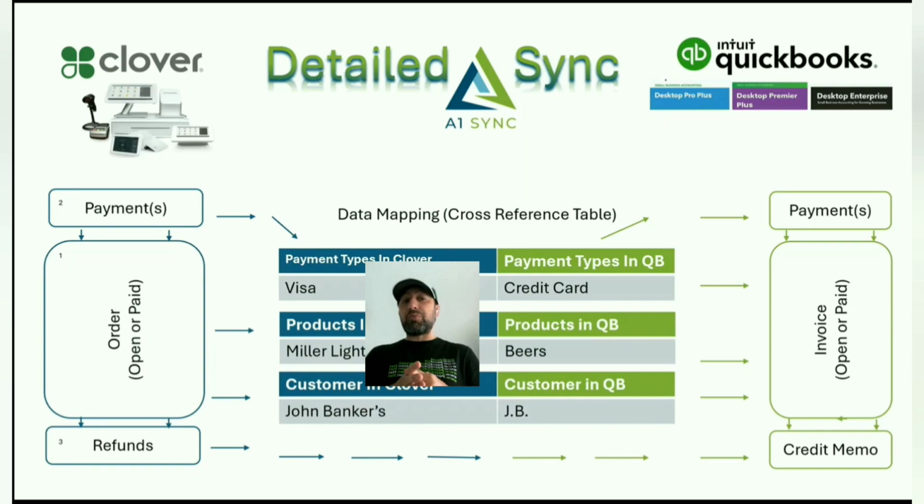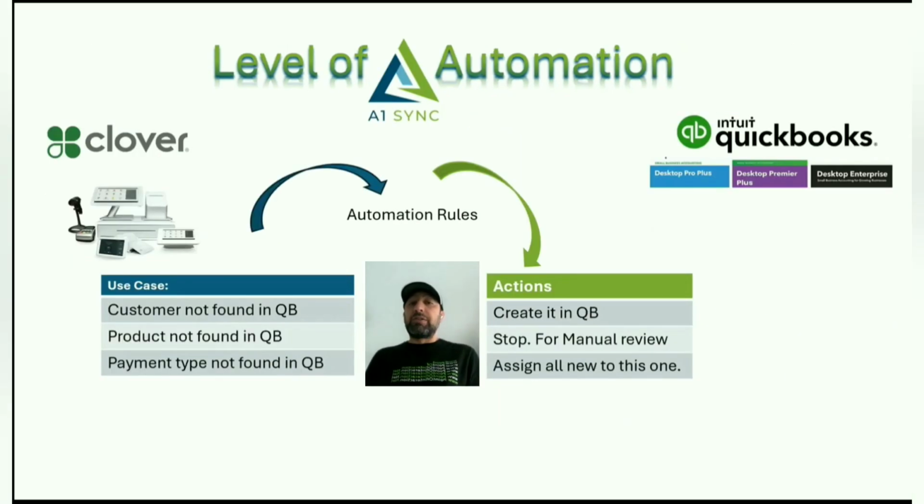All of those payment types somehow need to be referenced to payment types of QuickBooks unless you have one-to-one relationships, which most of the time you don't. So you need to use these tables to say, this payment type in QuickBooks references that payment type, vice versa, actually.